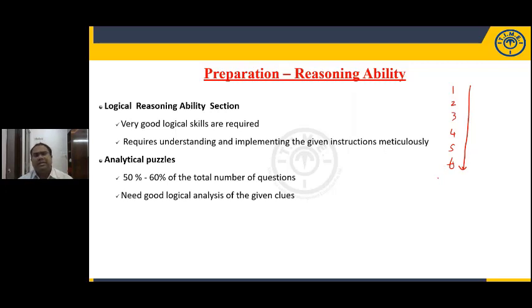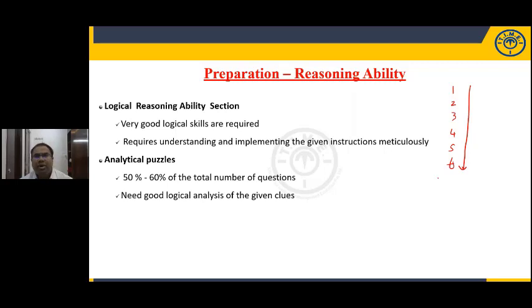Don't go in a haphazard way, first point, then fifth point. Whatever clues are given, write them down one after the other, step by step. You should be able to arrive at the final arrangement if you follow the order. No need to go up and down.